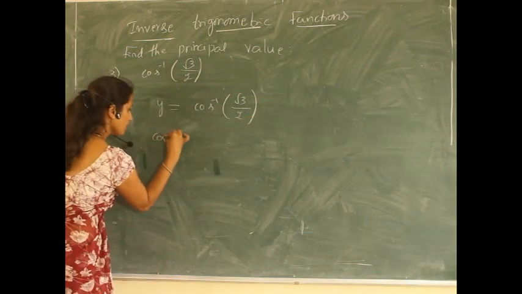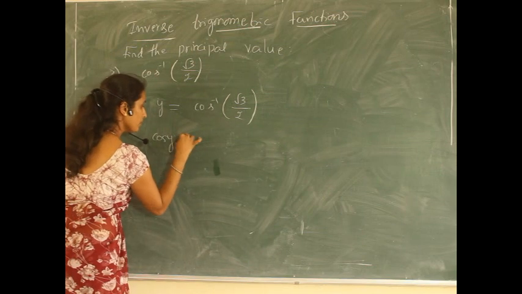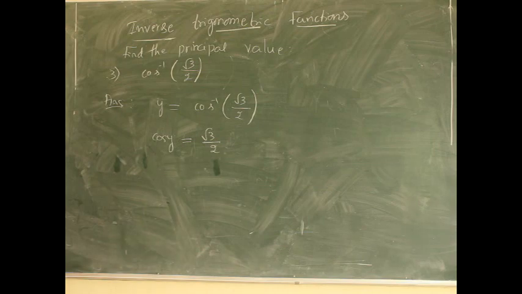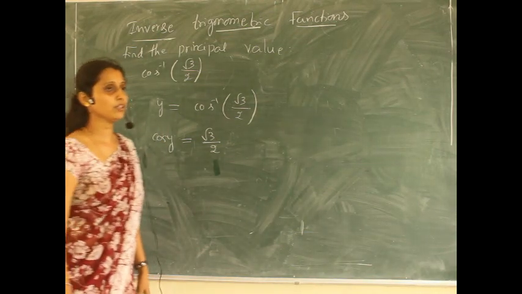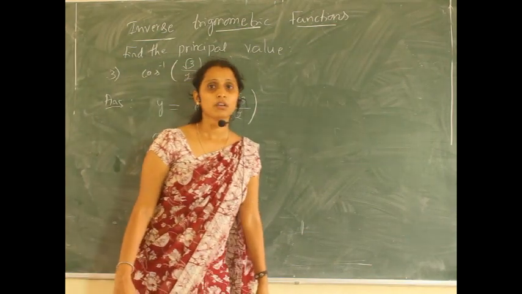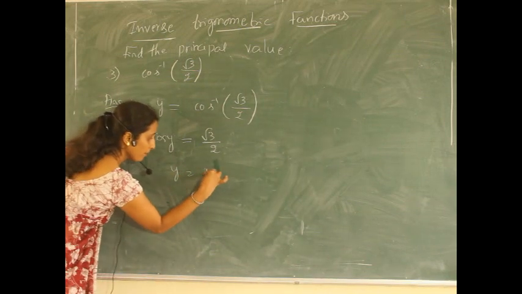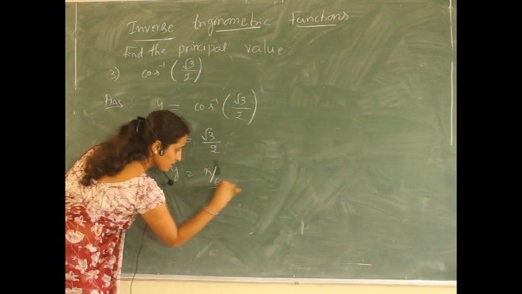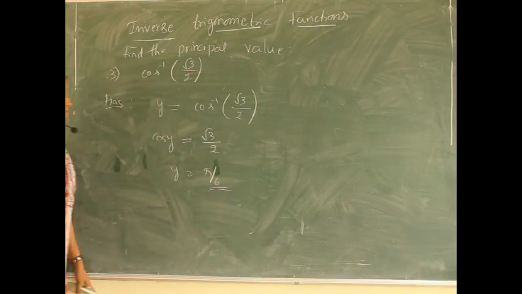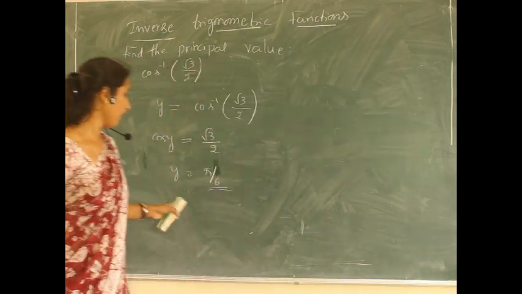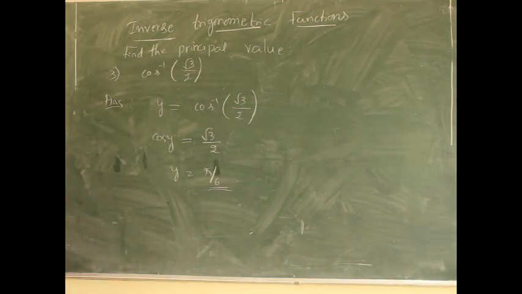Then cos y is equal to root 3 by 2. When is the cos function root 3 by 2? Cos function is root 3 by 2 when y is equal to pi by 6, that is 30 degrees. Cos 30 is root 3 by 2. Therefore the y value is pi by 6.